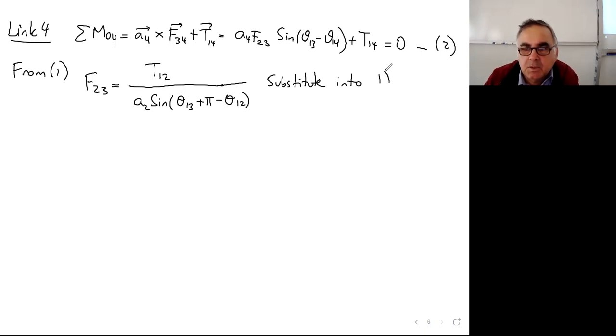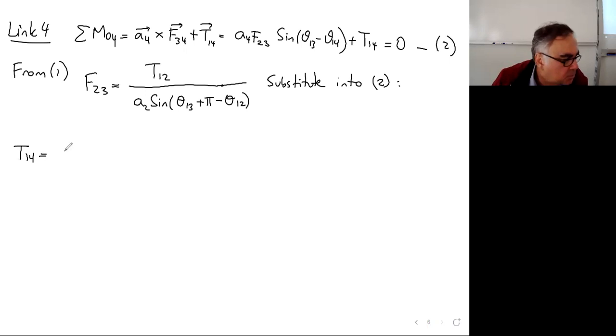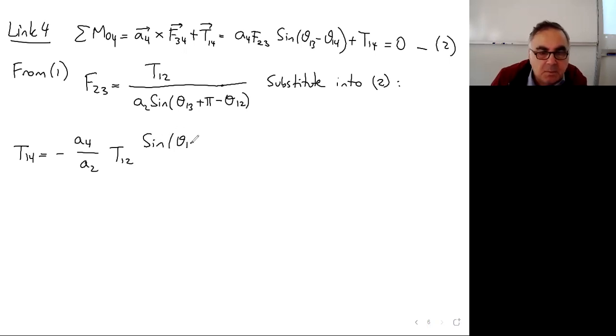Sorry, substitute into two. From which you get T14 is equal to minus A4 over A2 T12 sine theta 1.